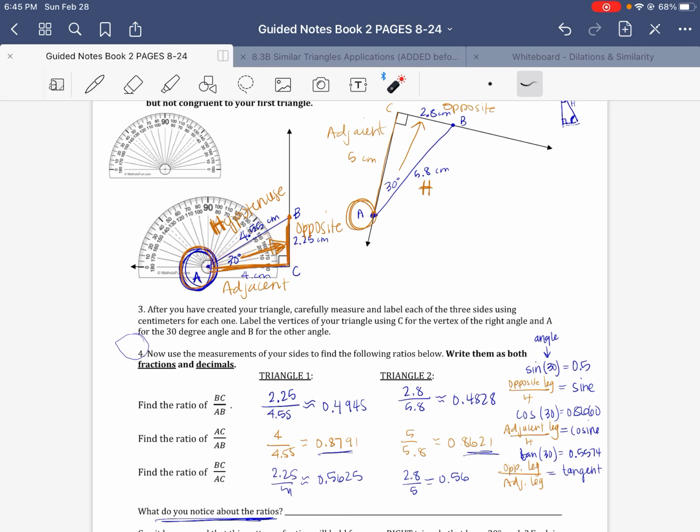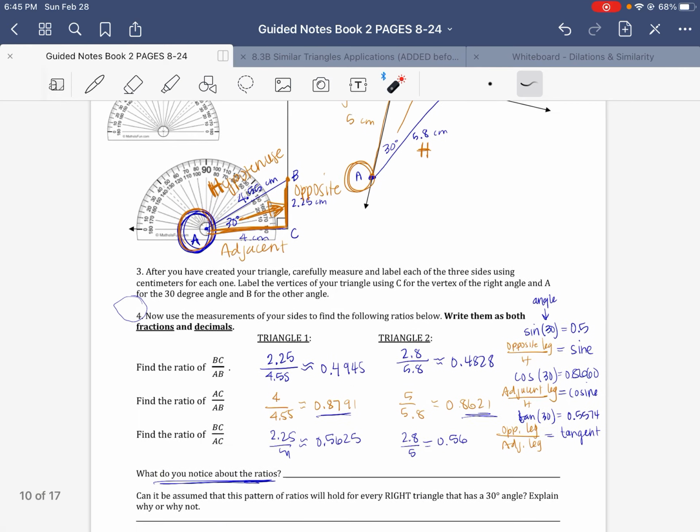If I know this is a 30-degree angle and this right here is 6, then I know the hypotenuse has to be 12, right? Because this has to be a ratio of 1/2. So we can use these ratios to help us identify parts of a triangle, and specifically these triangles are going to help us determine different lengths and heights and measurements of objects.